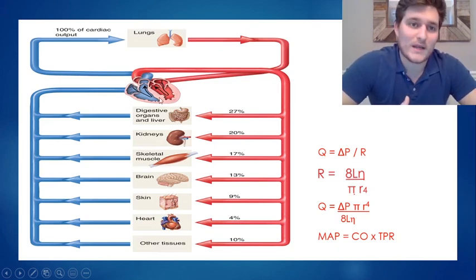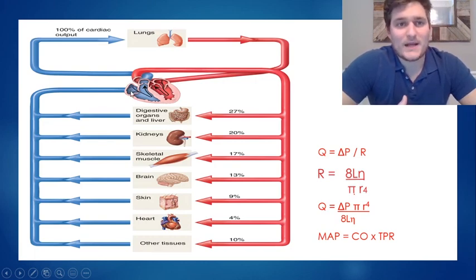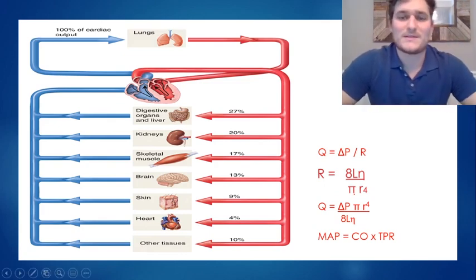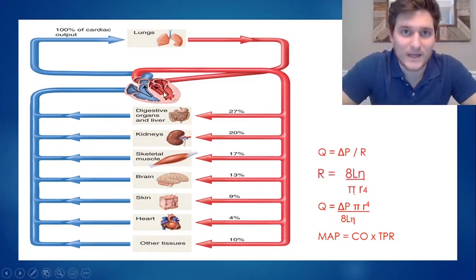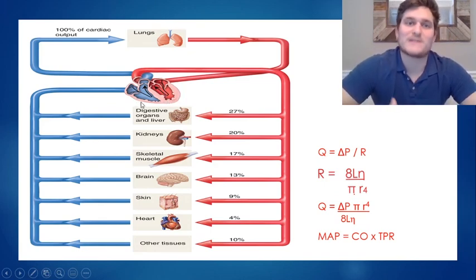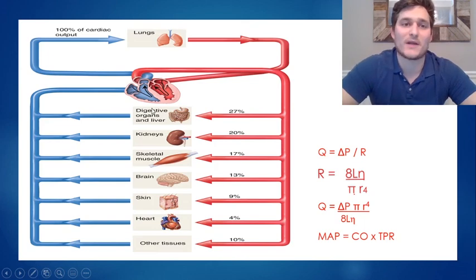And so the greater the difference between the pressure in the left ventricle and the right atrium, the more blood flow across the circulation. Blood flow, as far as our total cardiovascular system is concerned, is dictated by cardiac output. Again, the left ventricle, the heart, is supplying the pressure necessary to have blood flow across the entire circulation.